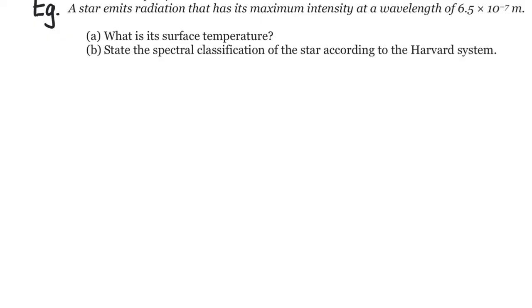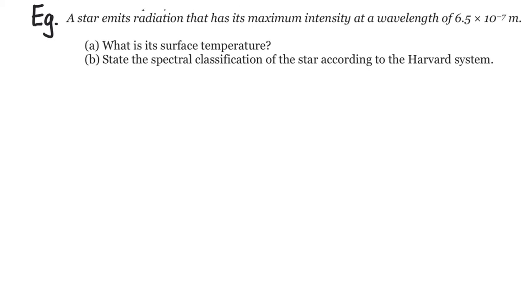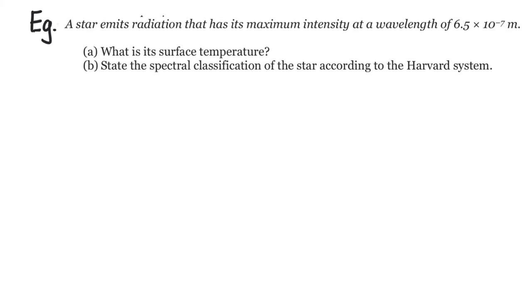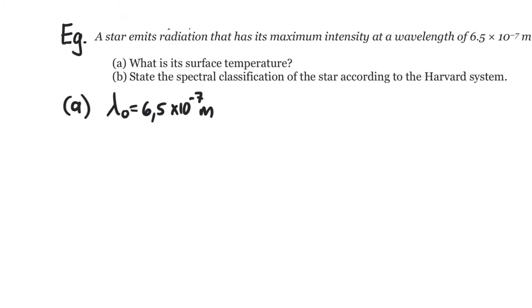Now let's consider an example. We have a star that emits radiation that has maximum intensity at a wavelength of 6,5 times 10 to the negative 7 meters. What is its surface temperature? And state the spectral classification of the star according to the Harvard system. So lambda 0 equals 6,5 times 10 to the negative 7 meters.